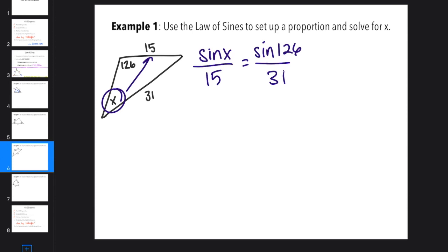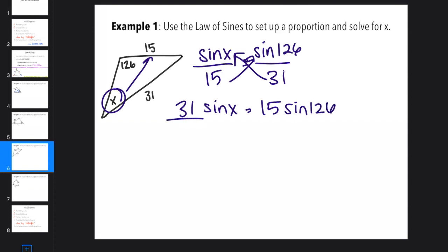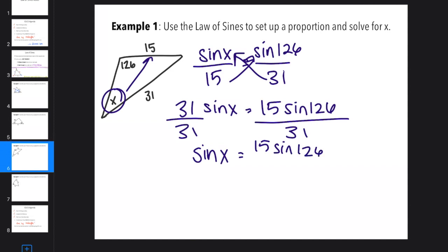So now it's a matter of cross multiplying. So I get 31 sine of x equal to 15 sine of 126. I'm going to divide by 31. I have sine of x equal to 15 sine 126 divided by 31.